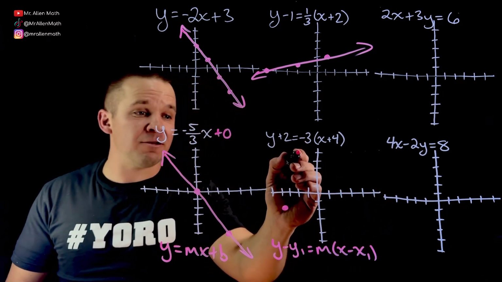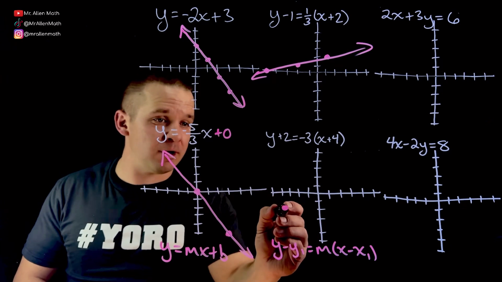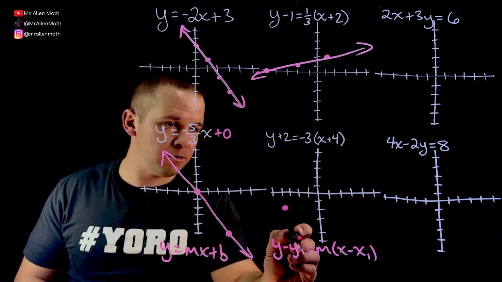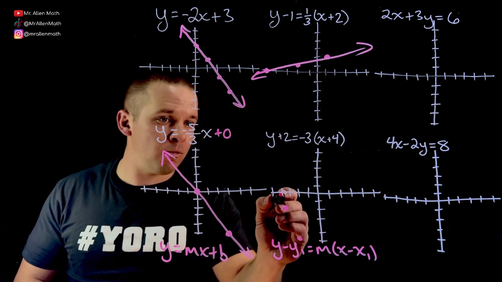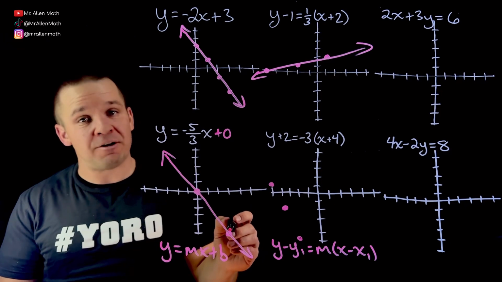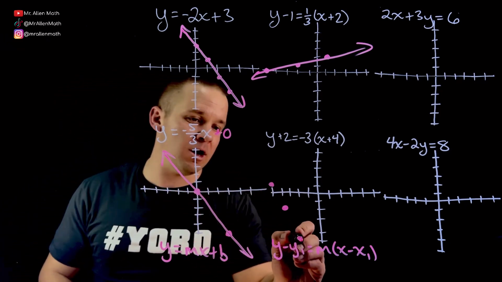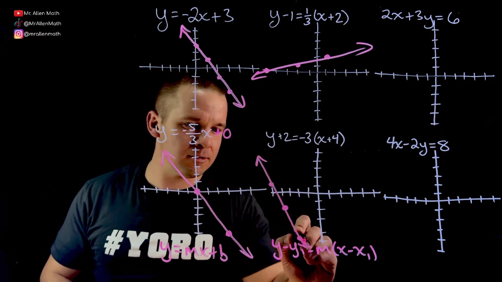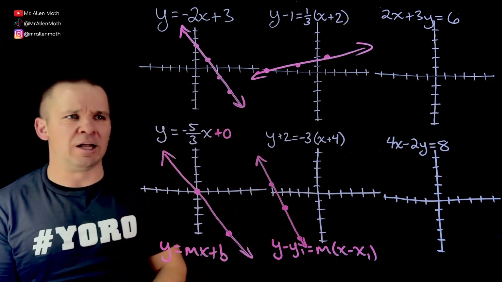My slope is -3. So we're going to go down 3. So 1, 2, 3 and to the right 1. Should be right here. Or I can go up 1, 2, 3 and to the left 1. Because up and to the left would still give me a negative overall. And you can see how it is in line with it. There we go. Excellent. All right. Nice. It's a lovely little line right there.